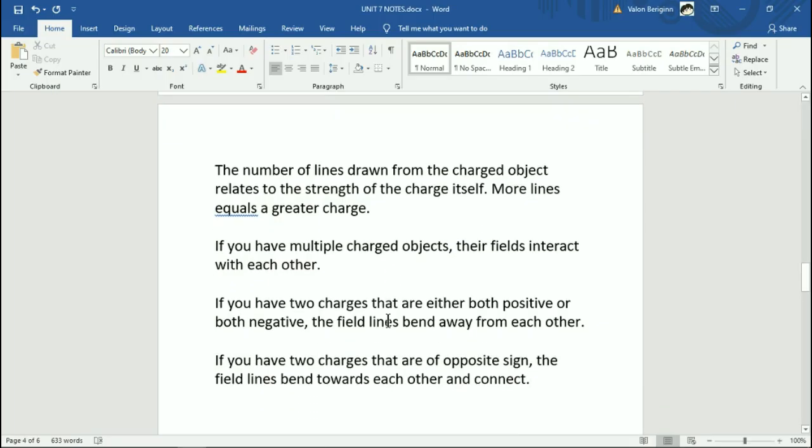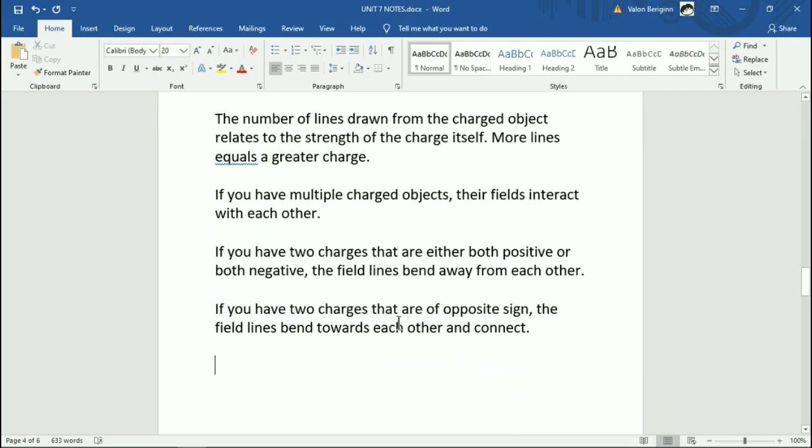So let's go to an example and say, okay, let's say you have 2, I'll just say 1 microcoulomb charges to make the math easy. 2 positive 1 microcoulomb charges that are, I'm gonna make this math really easy, that are 2 meters apart.